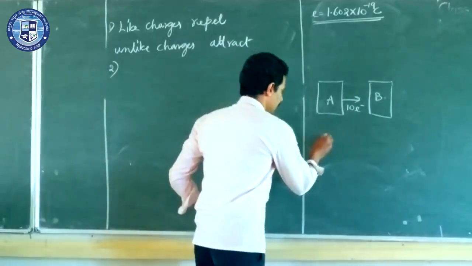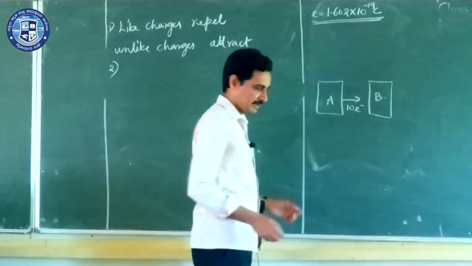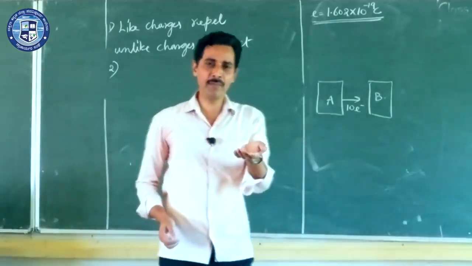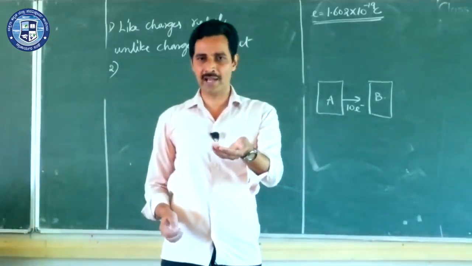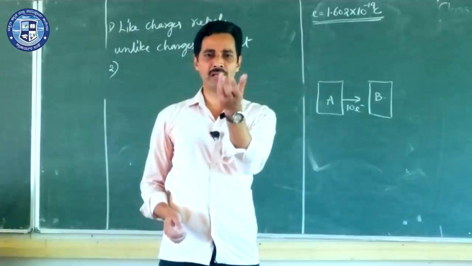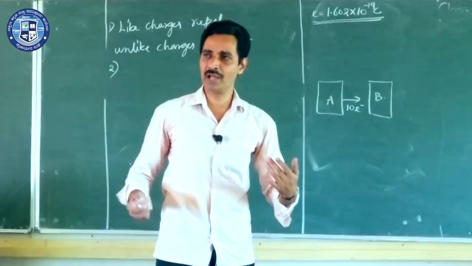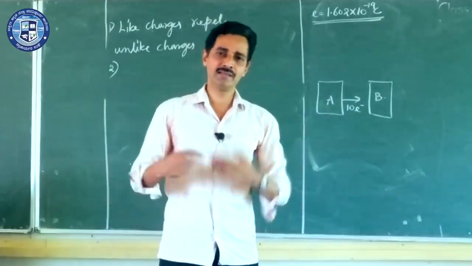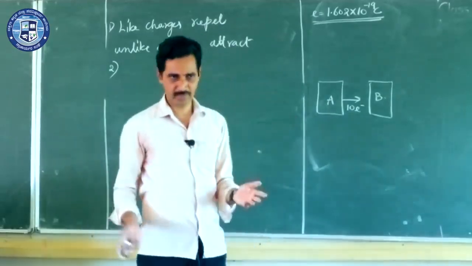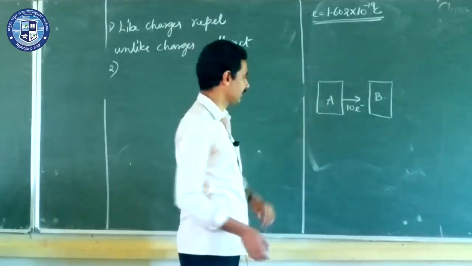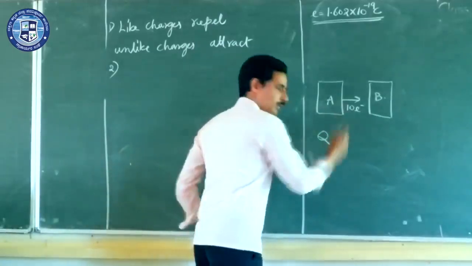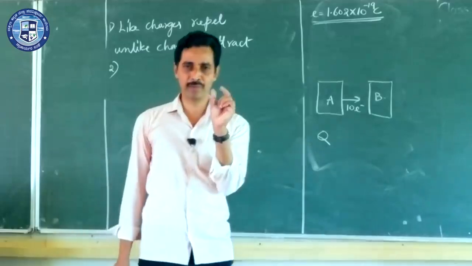So if I write the amount of charge, it is as if you buy mangoes. Suppose one small mango weighs 50 grams. And if you have 10 mangoes in your bag, how do you calculate the total mass in the bag? It is 10 into 50, 500 grams. Similarly, if 10 electrons are transferred, Q is the symbol used to represent charge.